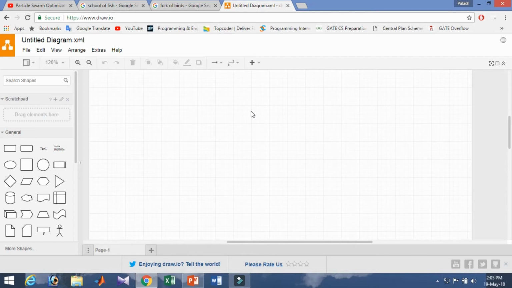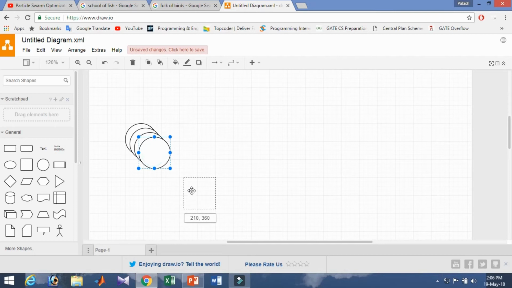So let's start it. Suppose for the starting positions, the particle has a position here. Let's get the particle positions. Let me make it large. Suppose it is a particle position.